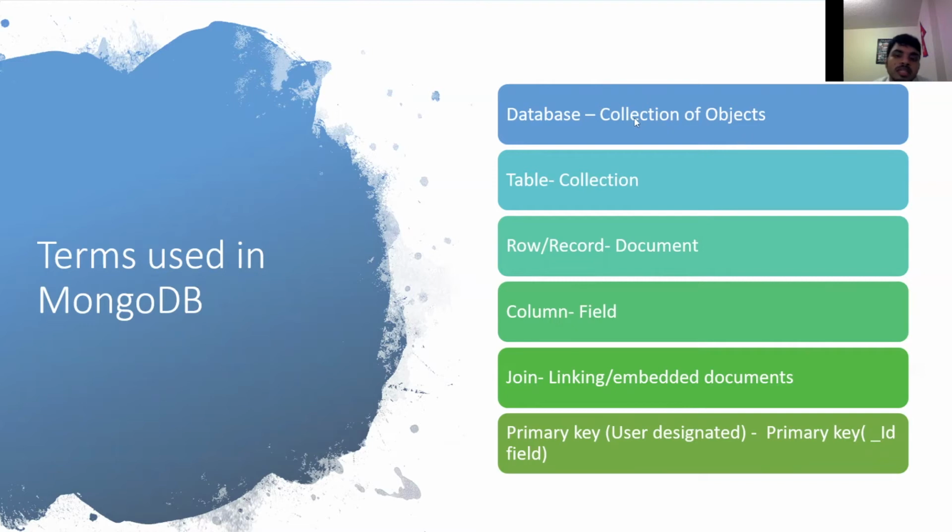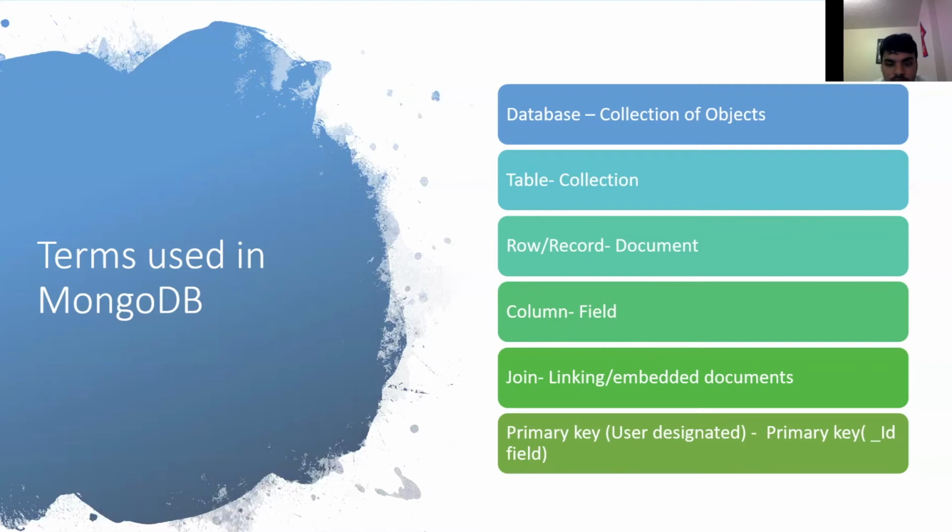What we know as table in SQL is known as collection in MongoDB. What we know as rows or tuples in SQL is known as documents in MongoDB. What we know as columns or attributes in SQL is known as fields in MongoDB.